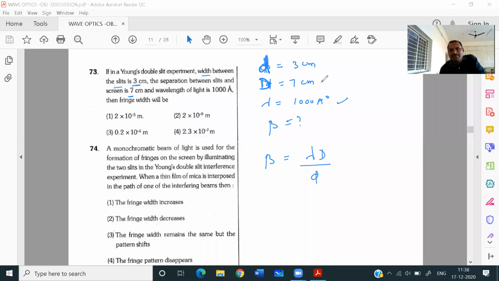Substitute lambda, capital D and small d: 1000 angstrom into 7 centimeters by 3 centimeters. Centimeters cancel, you get 7000 angstrom by 3. Convert the answer into meters, and you get 2.3 into 10 to the power of minus 7 meters.